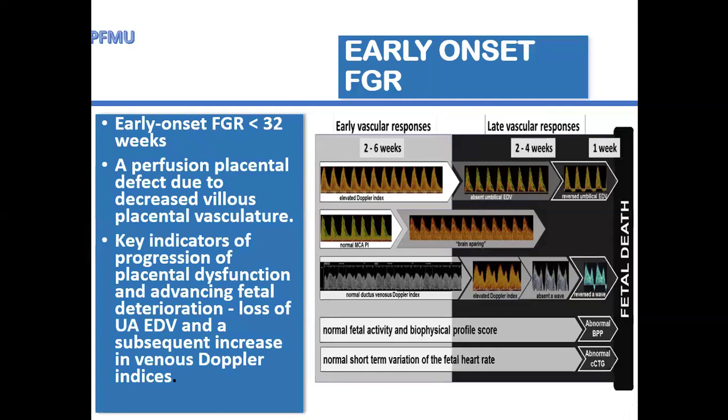Because you can pick it up by the abnormality in the umbilical artery. So you can see here what's happening over a sustained period. Babies don't just die. It's something which can be tracked, and you can actually see that they are deteriorating progressively.